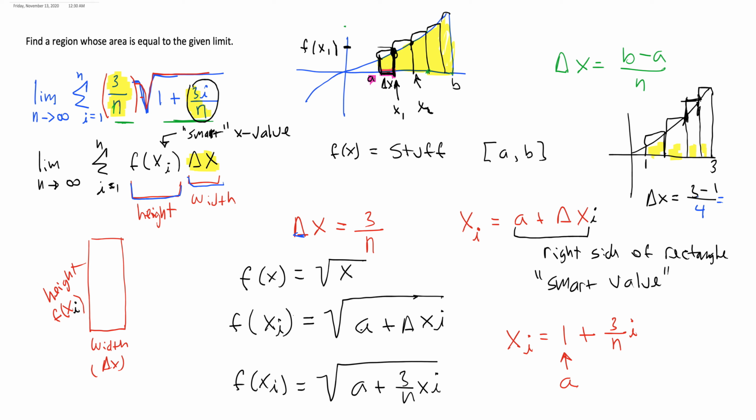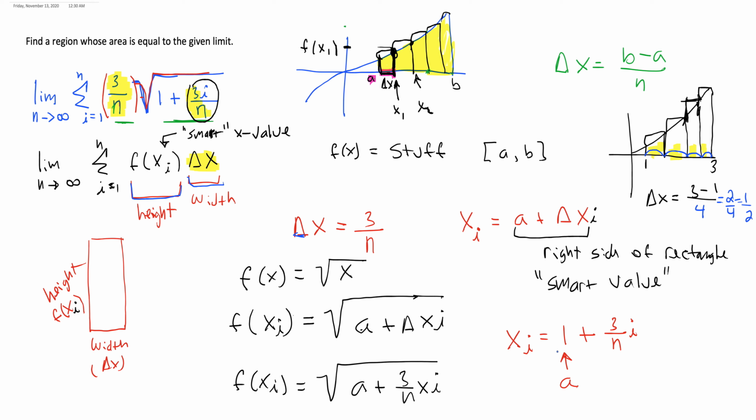And then 3 minus 1 is 2, is 2 over 4, which is equal to 1/2. That means that the width of each one of these guys is 1/2, right? So 1 plus 1/2 is 1.5, and 1.5 plus 1/2 is 2, and 2 plus 1/2 is 2.5, and 2.5 plus 1/2 is 3. See, so that's how you get your delta x.